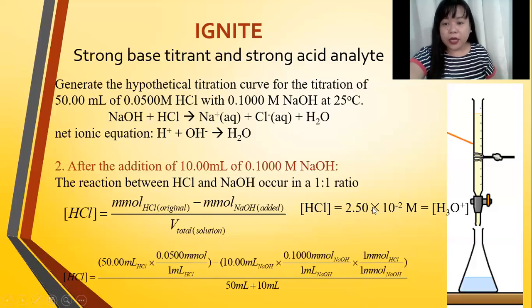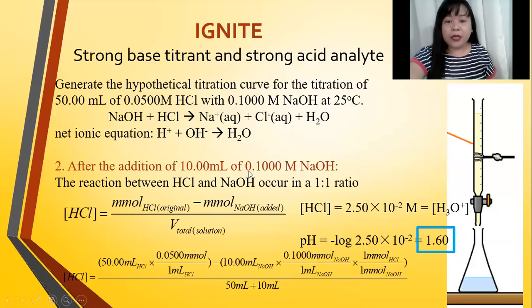And then using this concentration for the hydronium ion, we can solve for pH by getting the negative log of that concentration and report the final answer to be 1.60. So that is the final answer. This is the pH after the addition of 10.0 mL of 0.1 molar sodium hydroxide.